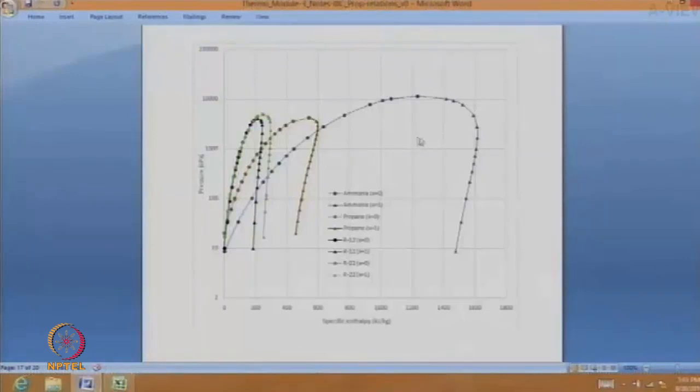So what we are seeing here is they all have the same shape, but in making this drawing, we have to be very, very careful, because in all these cases, specific enthalpy, which is here set to 0, is decided quite generally as per the wishes of the person making the property tables. In these materials, the specific enthalpy hf at 200 Kelvin has been set to 0.